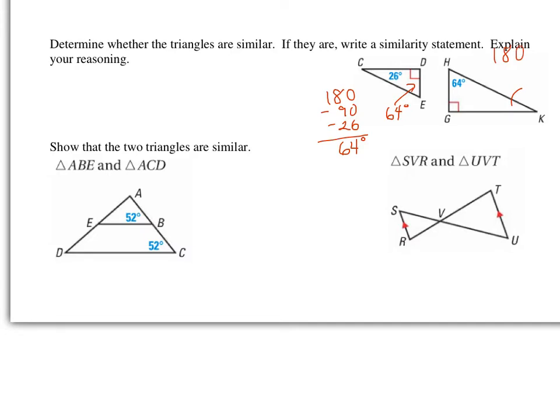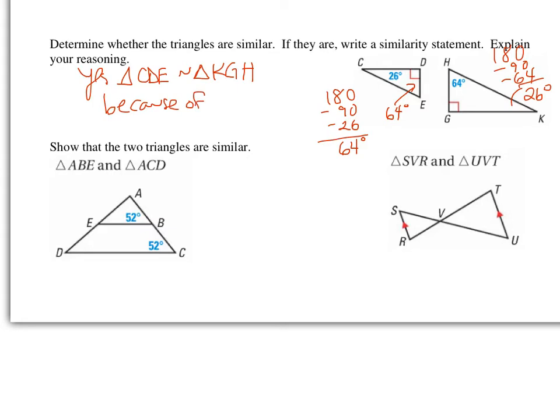So 180 minus 90 minus the 64 in this triangle gives us 26 degrees. So now you can see that all 3 angles match up and they are all congruent. So yes, triangle CDE is similar to triangle KGH because of angle, angle similarity, and that's when 2 angles are congruent.